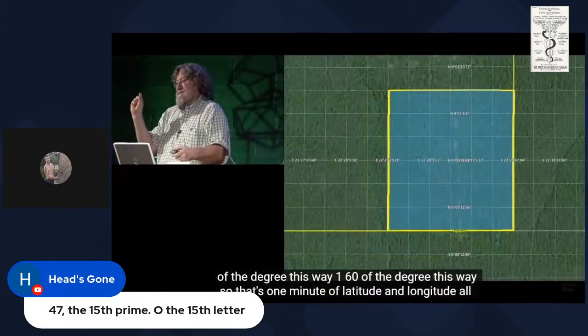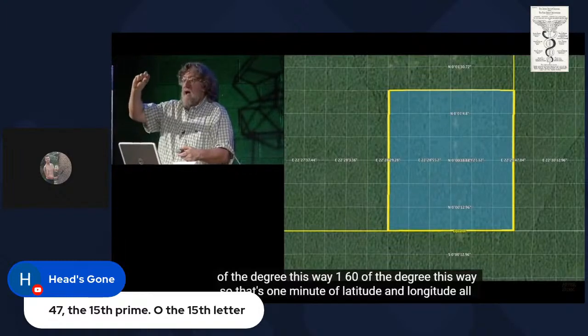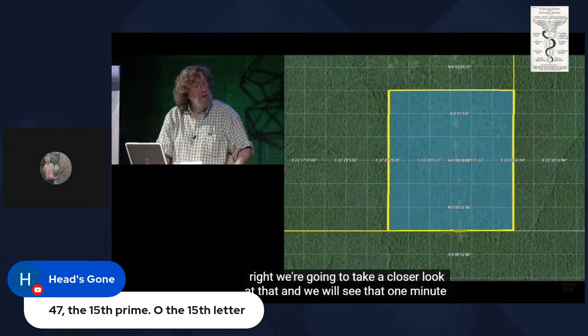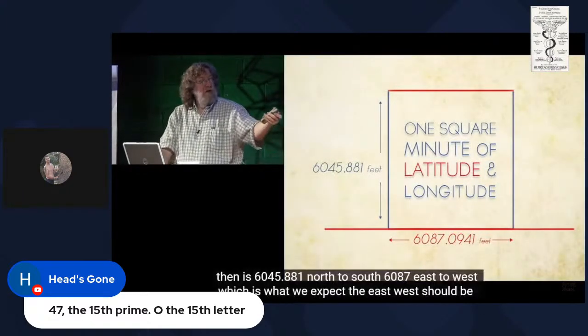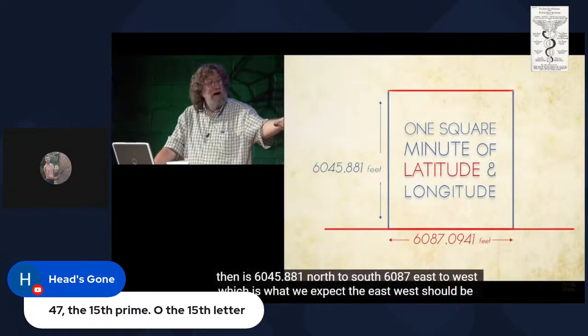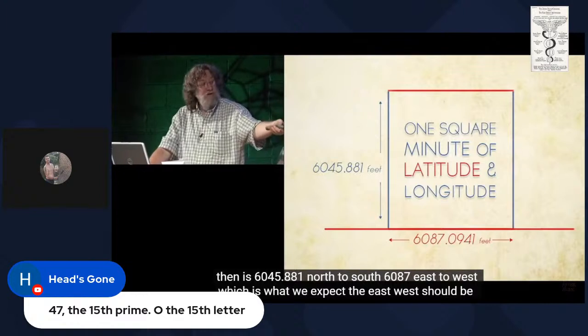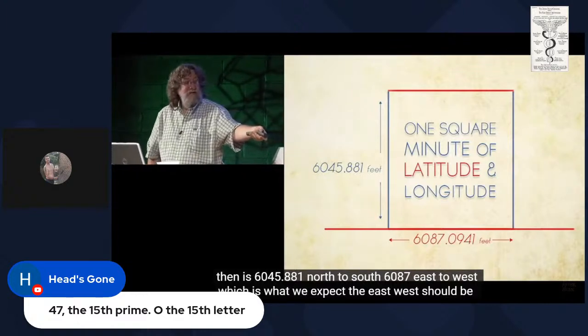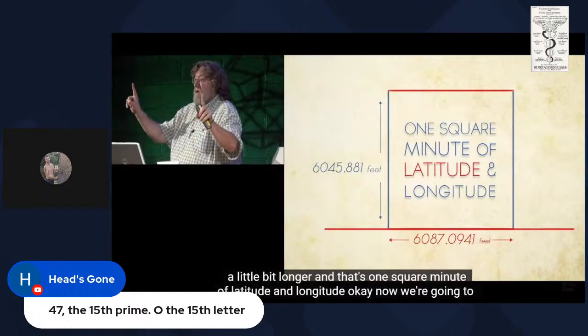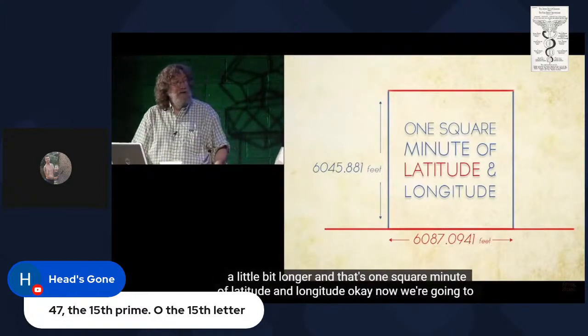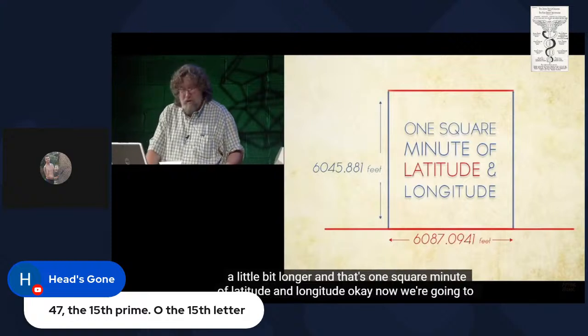So that's 1 minute of latitude and longitude. We're going to take a closer look at that, and we will see that 1 minute then is 6,045.881 north to south, 6,087 east to west, which is what we expect. The east-west should be a little bit longer, and that's 1 square minute of latitude and longitude.